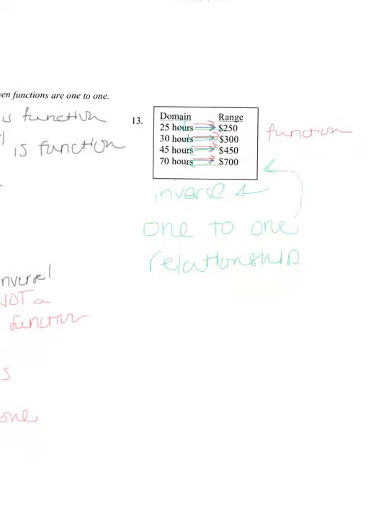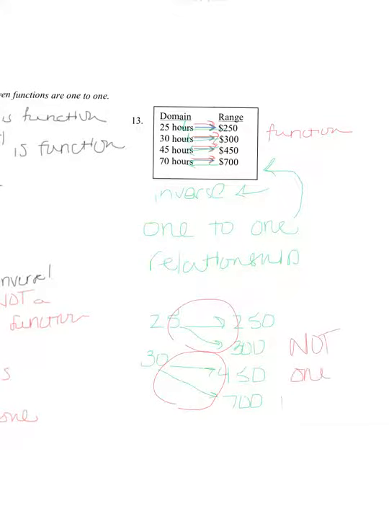If it wasn't a 1-to-1 relationship, you might see something like 25 to 250 and also to 300, and 30 to 450 and also 700, two arrows each, and that would be not 1 to 1.